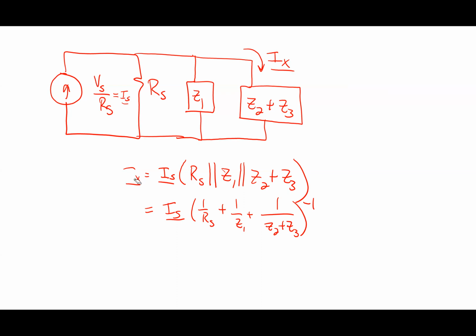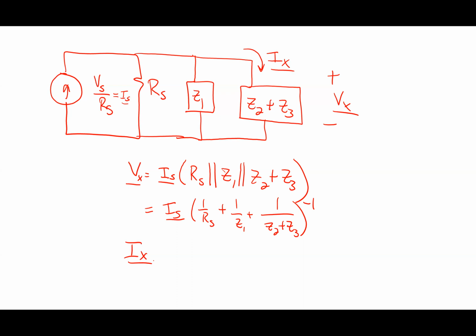To be careful, I'm saying this is the voltage. I'll call it Vx, just to be really careful here. How do I turn that into Ix? So I define the parallel combination V1 and V2 and V3. No, because that would be Is. Oh, it is just V2 plus V3.